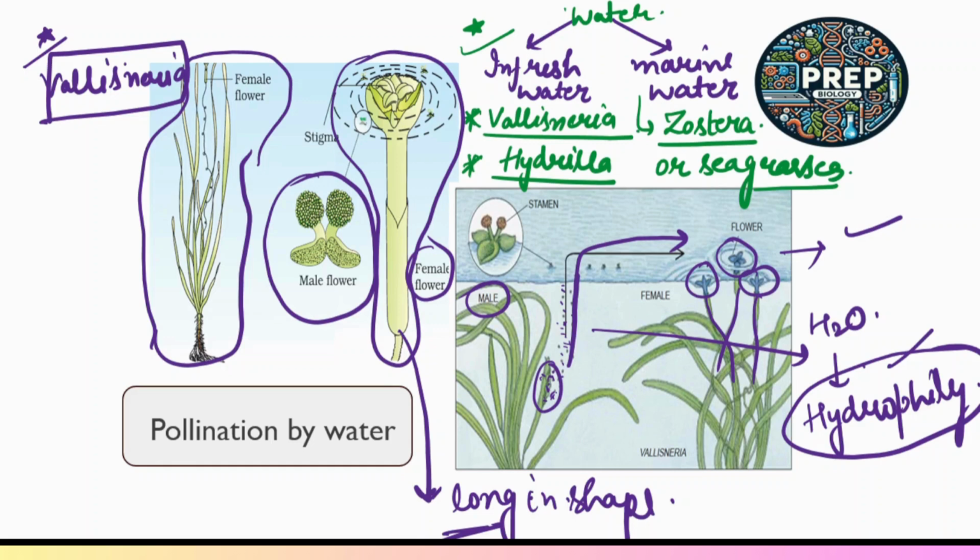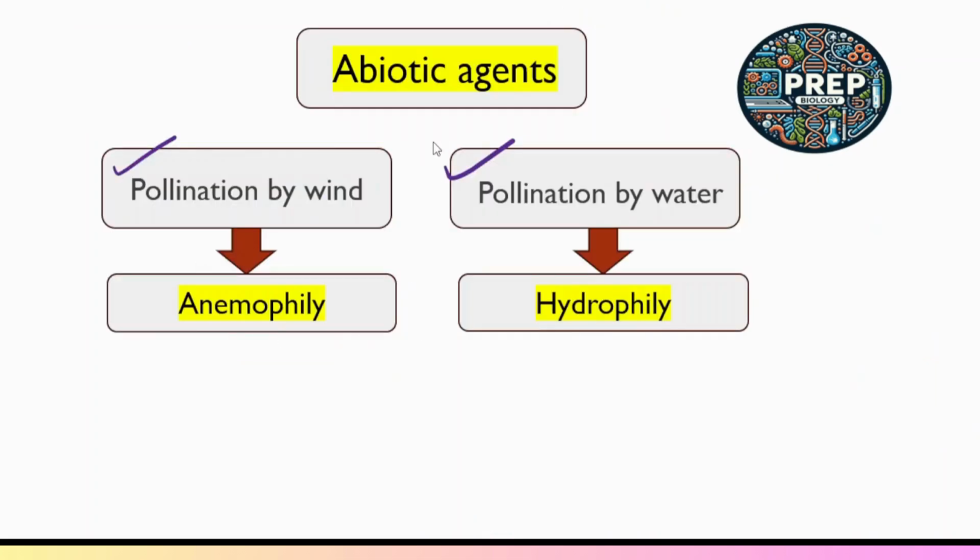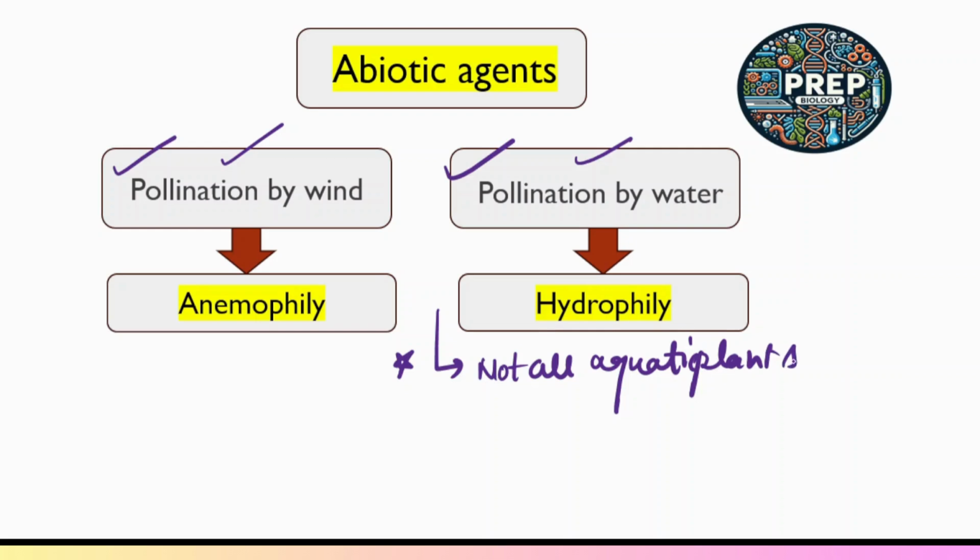Now, among the abiotic agents, we have covered pollination by wind and pollination by water. In pollination by water there are some more important points. The first point is that not all aquatic plants use water for pollination.